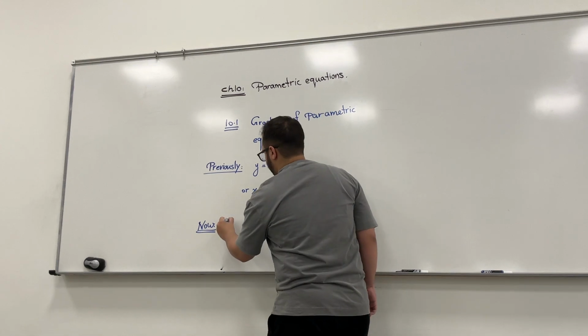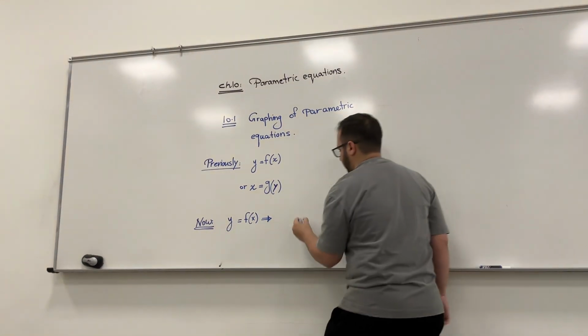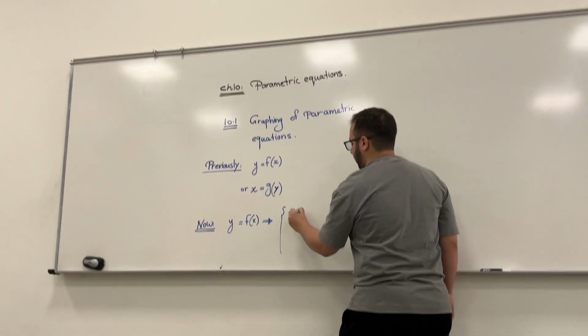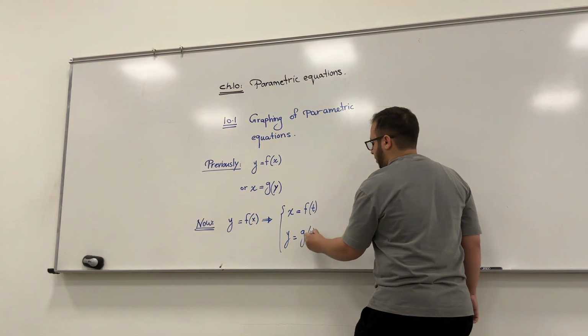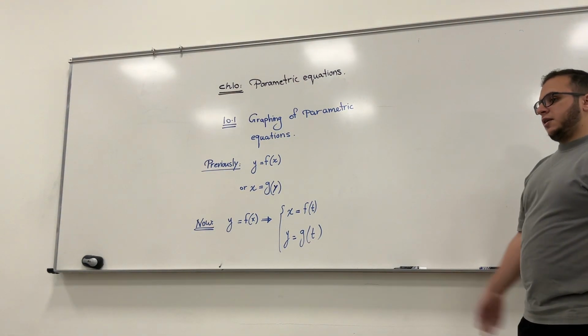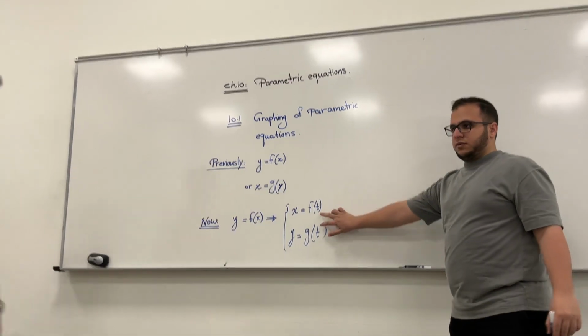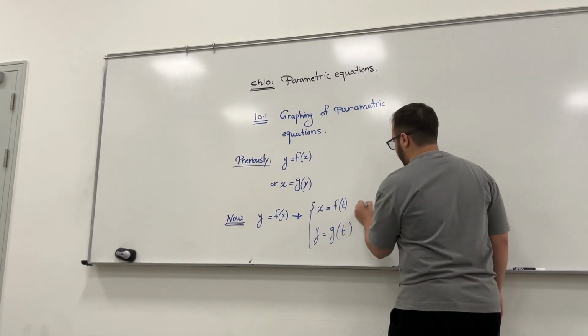We're gonna have a function y equal f of x transformed into a system of equations x equal f of t, y equal g of t. These two are related, okay? But they are indirectly related through the variable t, okay? Or we call it, how do we call t? Parameter.